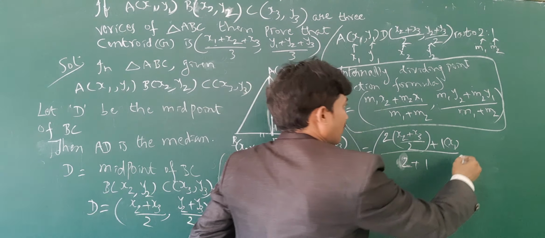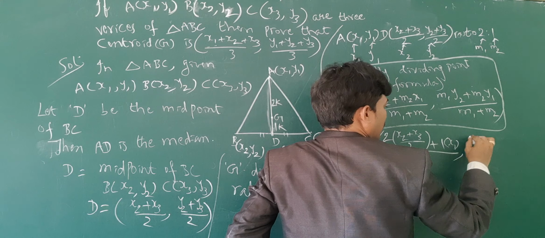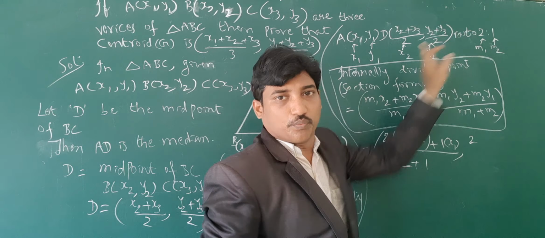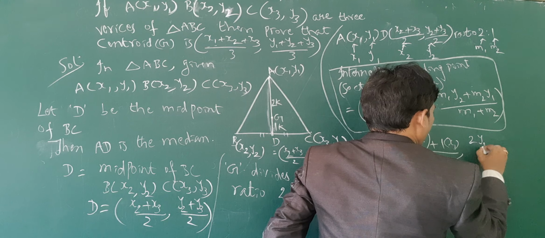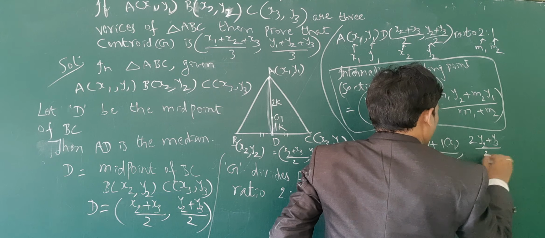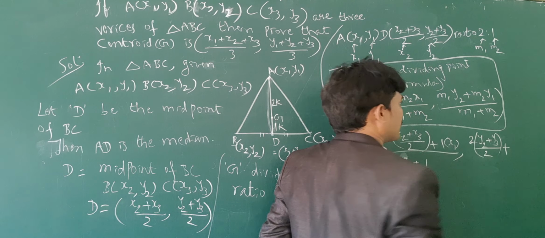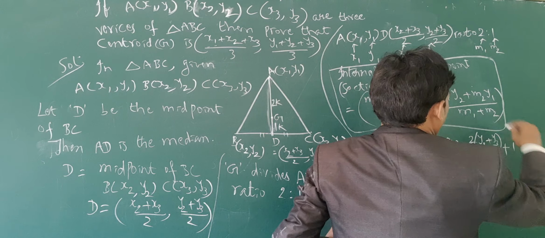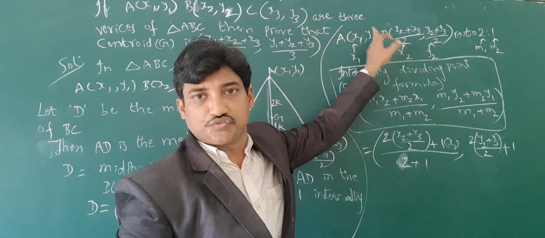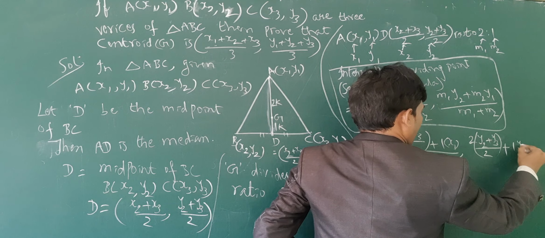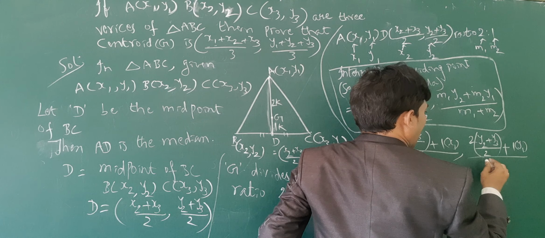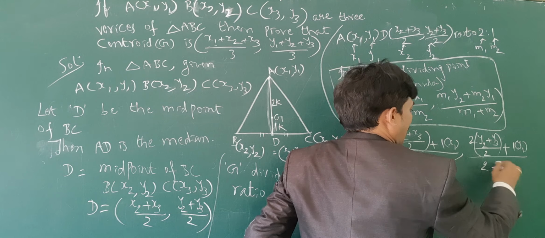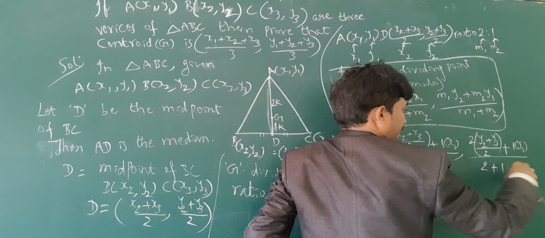Comma, m1 value 2, y2 is y2 plus y3 by 2, plus m2 value 1, y1 value is y1, by m1 plus m2, m1 is 2 and m2 is 1.